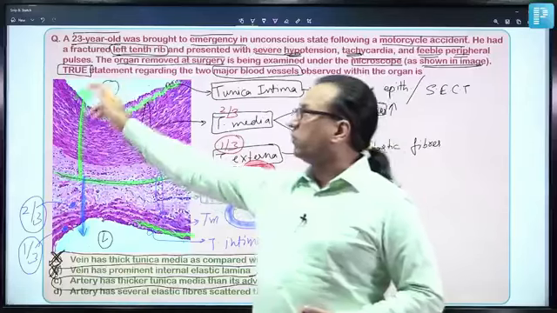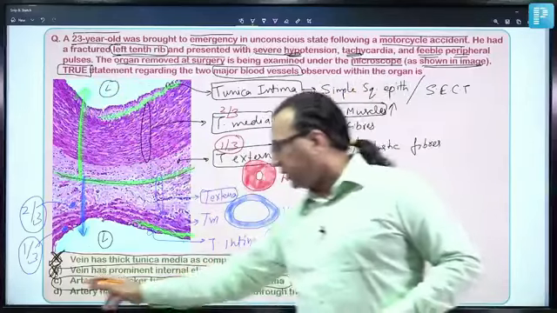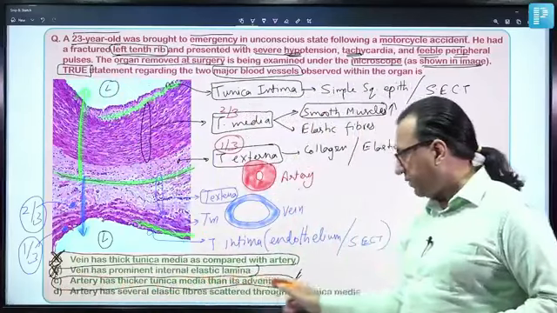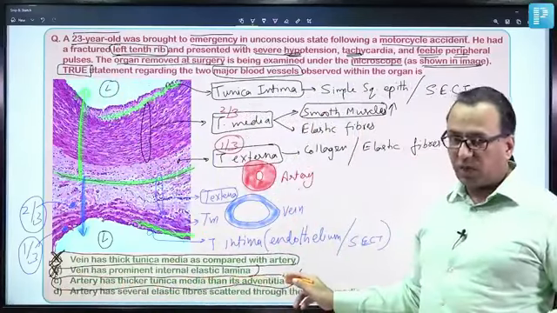Hence, if you're asking the true statement, then I'll go for choice number C. Artery has thicker tunica media, 2/3, as compared with its adventitia, which is 1/3.